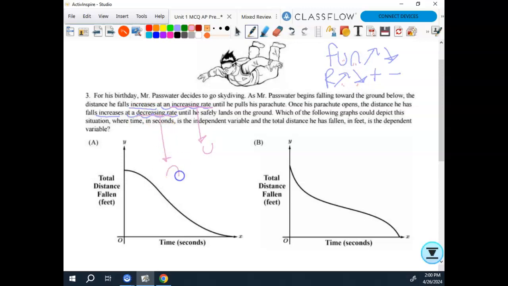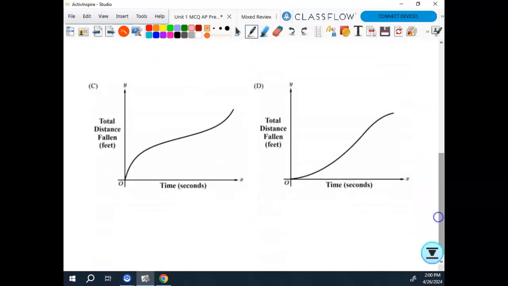So I know I need to start with a graph that starts concave up and then goes concave down, which means this is concave down then up. I don't like A. This is concave up then down. Don't hate B. This is concave up then down. Don't hate D. This is concave down then up. I do hate C. Okay, so now I've narrowed it down to 2.